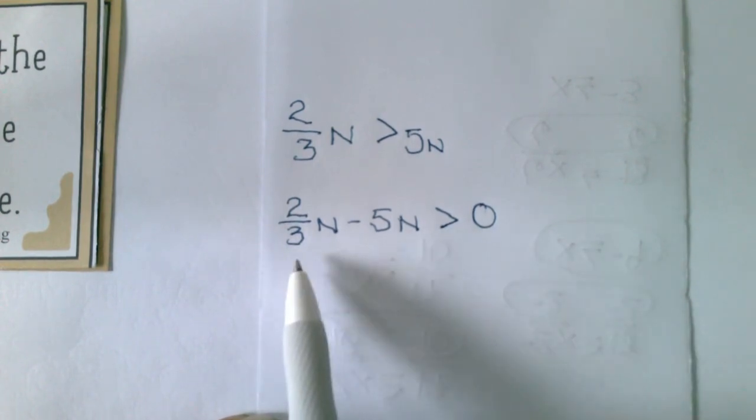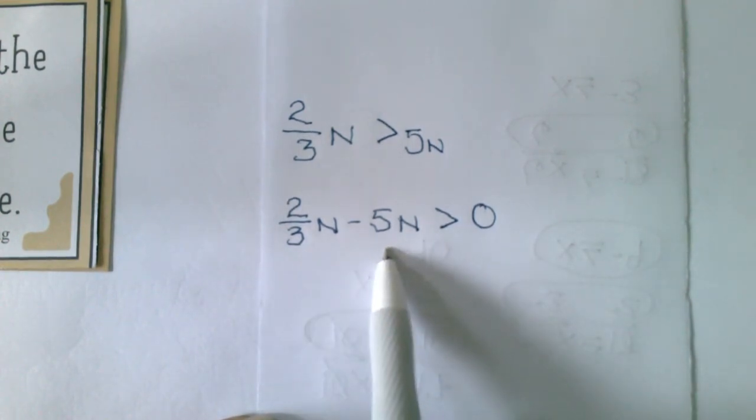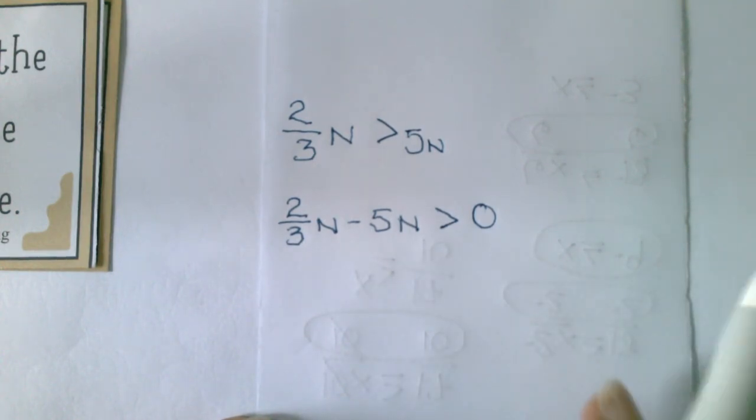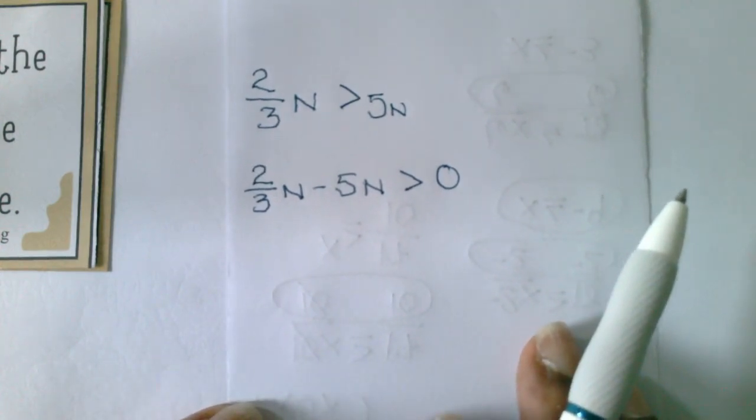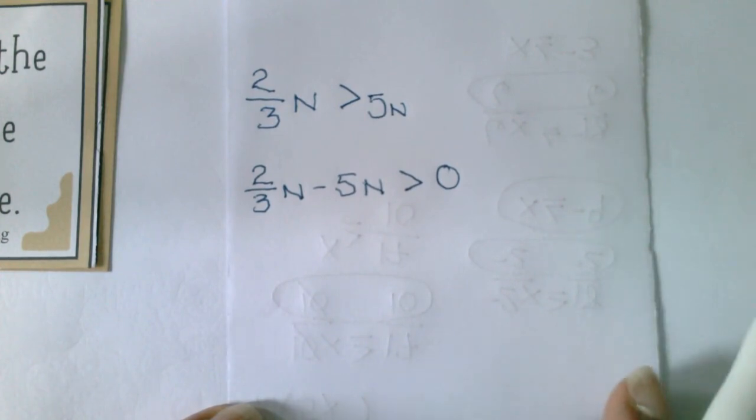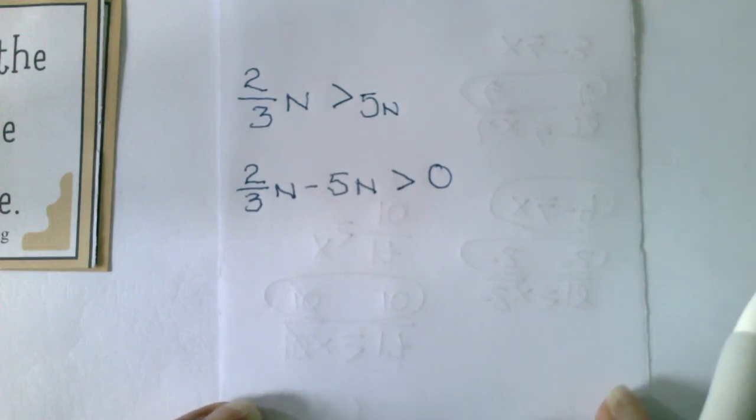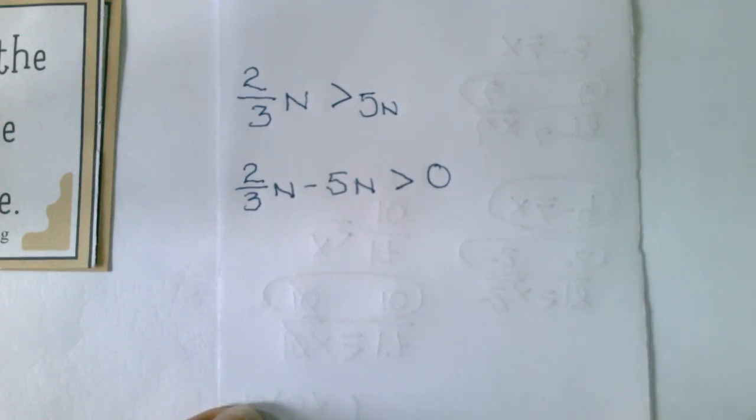When you have a fraction and you have a whole number, what's most important when you are subtracting? We have to have a common what? Yes, we have to make it into a fraction, and we need to have a common denominator.